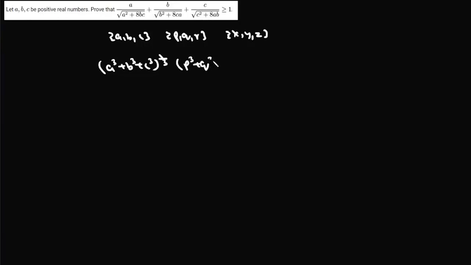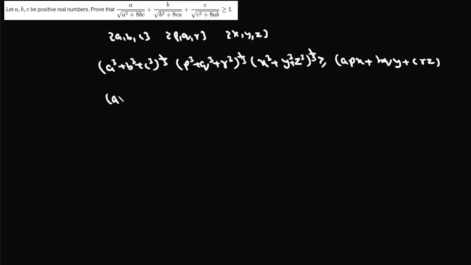Now one way of using Holder's inequality is if we have three sequences, suppose a, b, c, p, q, r and x, y, z, then we can write (a cube plus b cube plus c cube) to the power 1 by 3, into (p cube plus q cube plus r cube) to the power 1 by 3, into (x cube plus y cube plus z cube) to the power 1 by 3 will be greater than or equal to apx plus bqy plus crz.